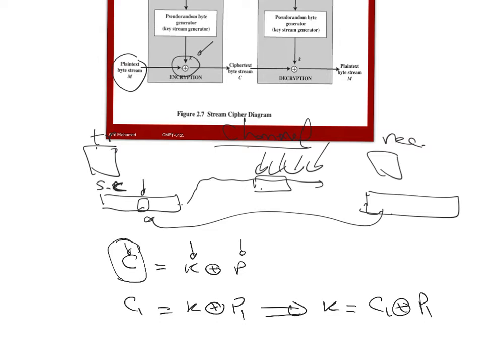So only by knowing one single plain text, you can break the communication. That's the sensitivity of this. This is the main sensitivity of any Vernam cipher: in normal cases, if you don't have a plain text, it is secure, but if you have only one plain text, you can break the whole communication.